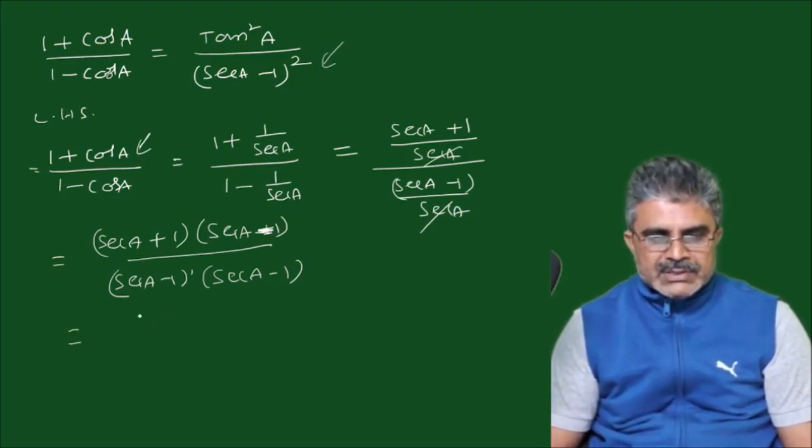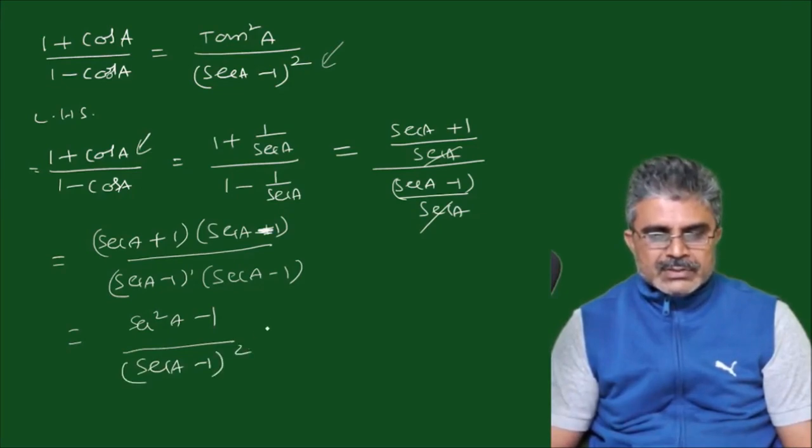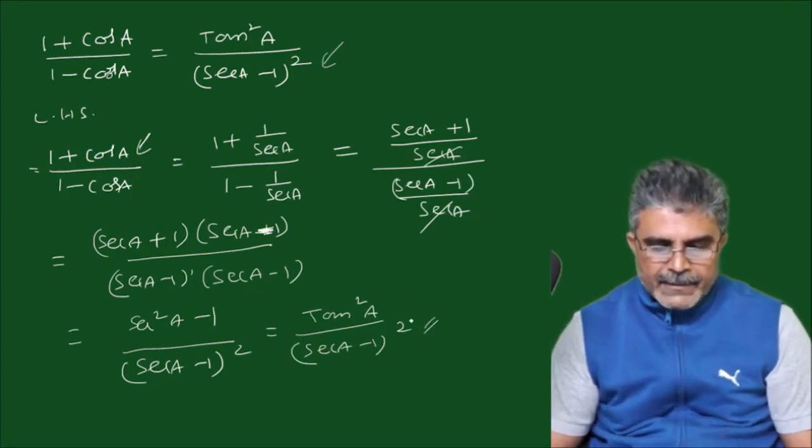So on top you will have secant square A minus 1, because it is A minus B into A plus B format. So I wrote A square minus B square, like secant square A minus 1 square, which is 1, divided by secant A minus 1 whole square. So in the numerator you have secant square A minus 1, from identity you have tan square A divided by, below you have secant A minus 1 whole square, which is the RHS.